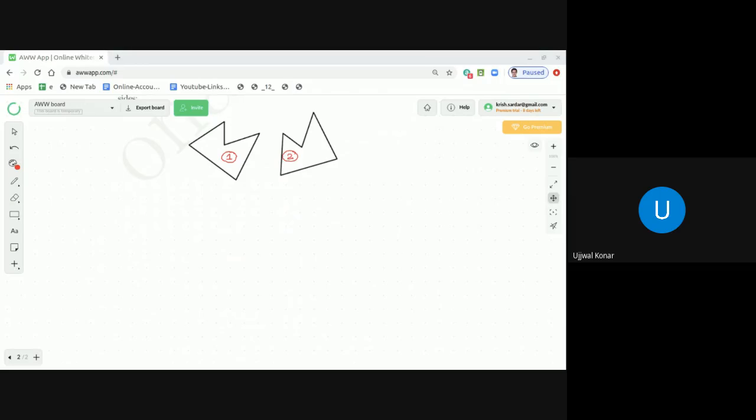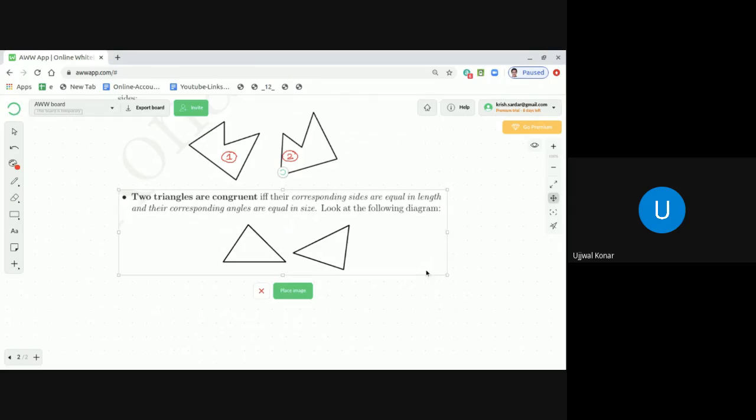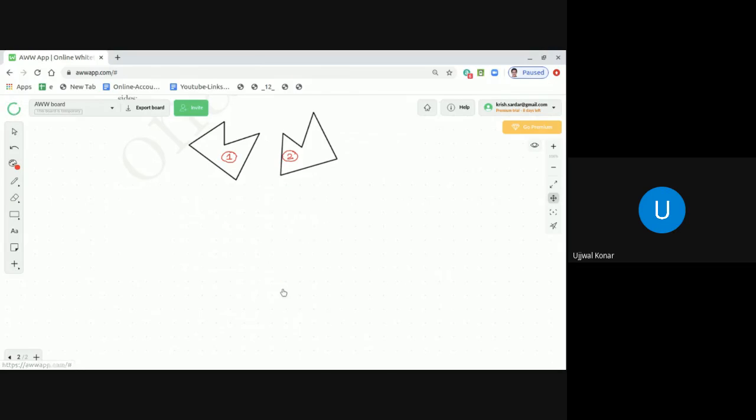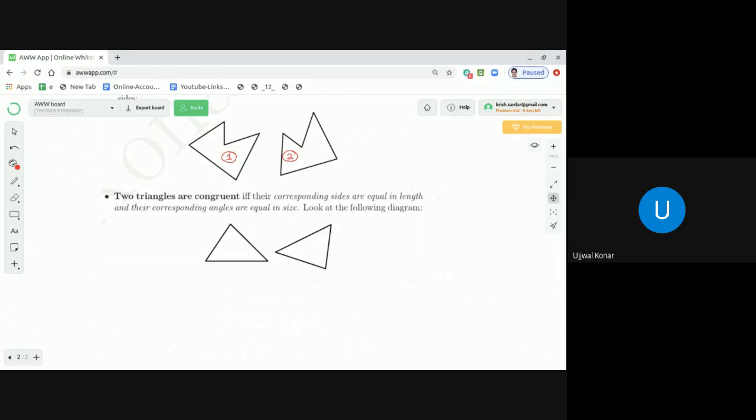So, when can we say that two triangles are congruent? Let me tell you the statement I wrote: two triangles are congruent if and only if their corresponding sides are equal in length and their corresponding angles are equal in size.